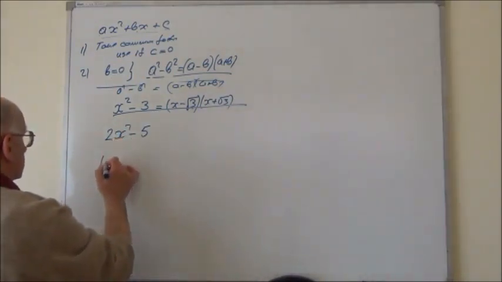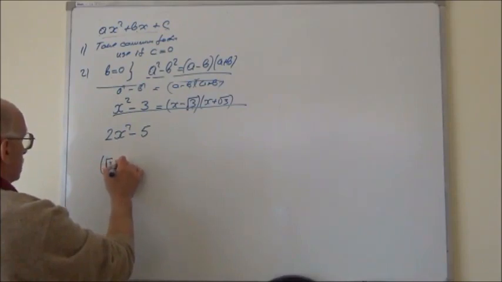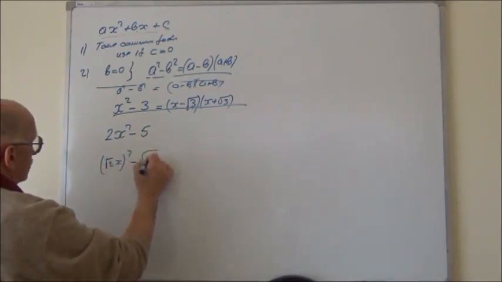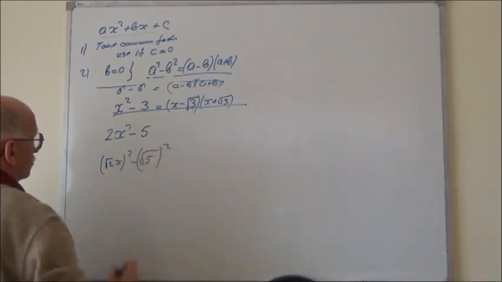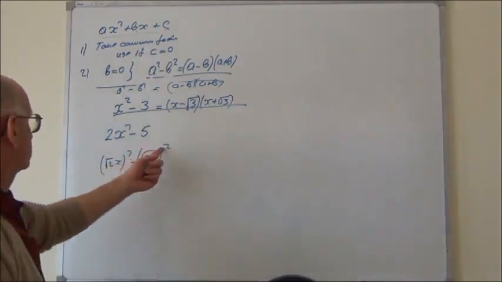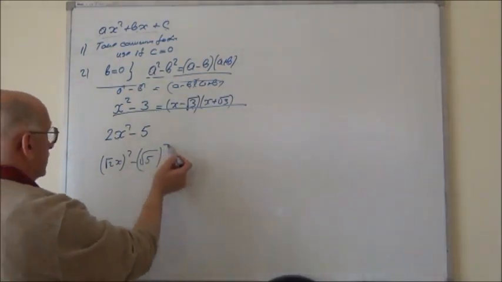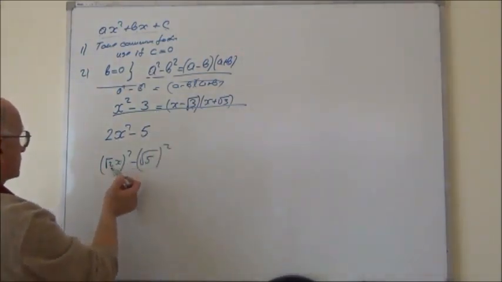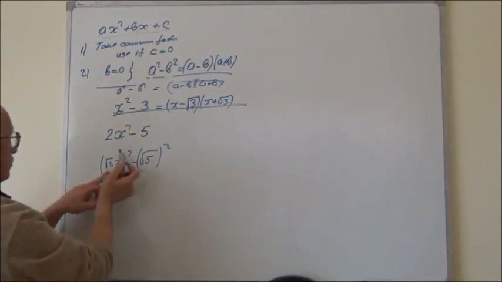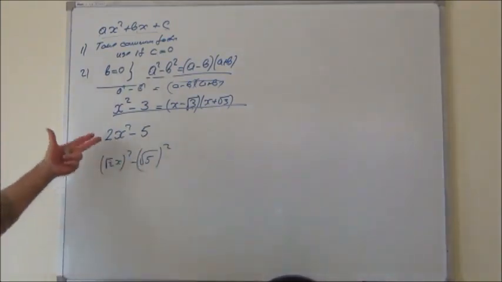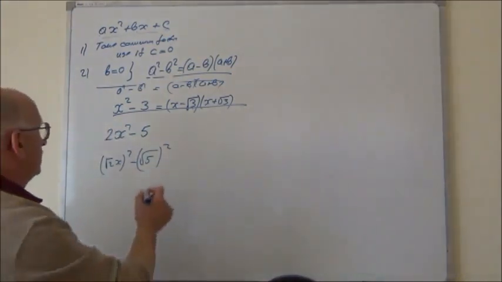So this we can write square root 2 x to the power 2 and minus square root 5 to the power 2, and we have a difference of two perfect squares, because square root 5 to the power 2 is 5, square root 2 to the power 2 is 2, and x to the power 2 is x squared, so this is perfectly fine.